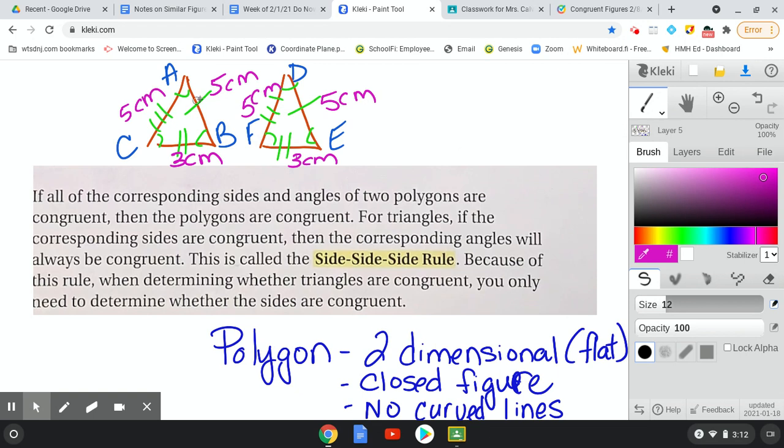So the corresponding sides are congruent, meaning they're the same measurement. Then that means both of these triangles are congruent to each other. Because we automatically know if their sides are congruent, their angles will be congruent.